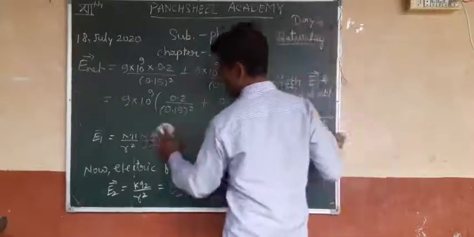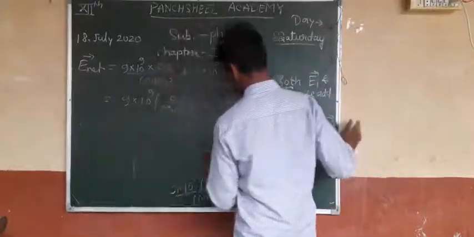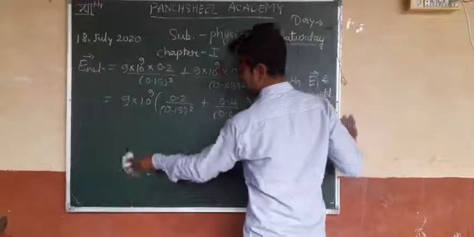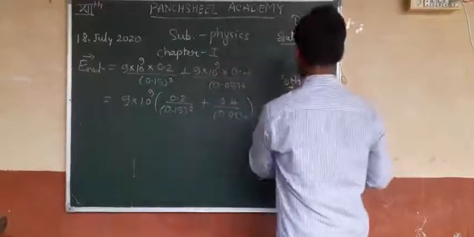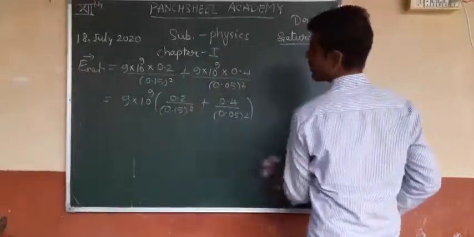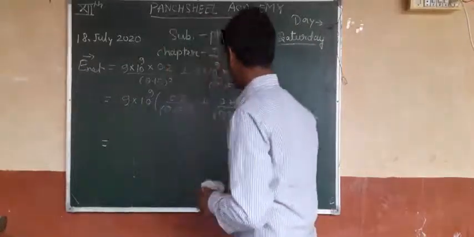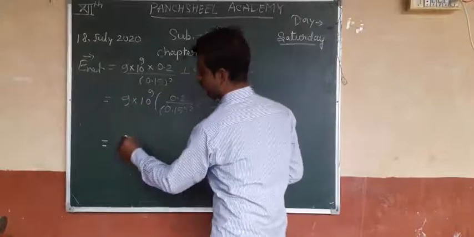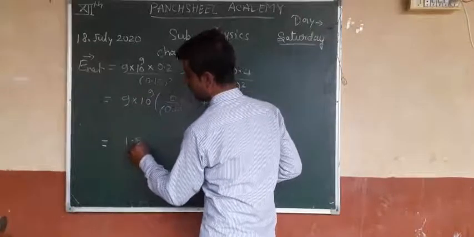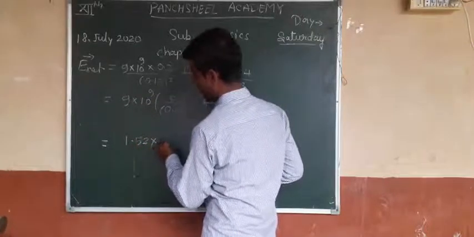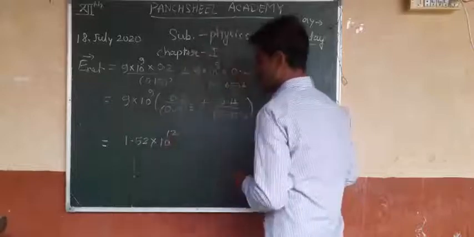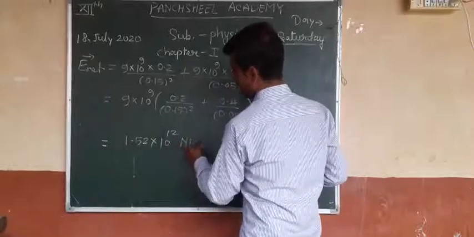So this will give the total value of resultant electric field when two charges are separated by some distance. So if you solve this, then you will get 1.52 into 10 to the power 12 Newton per coulomb.